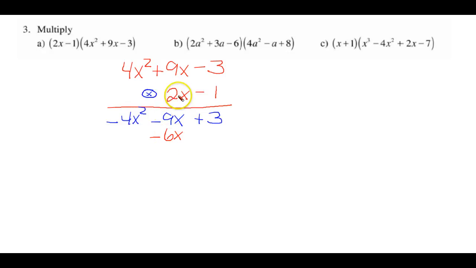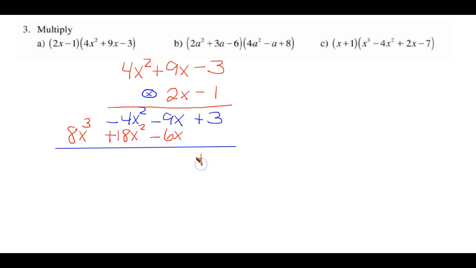We then go 2x times 9x. We get a +18x squared, and putting that under the like term column. Then we go 2x times this gives us a positive 8x cubed. Now that we have all our terms, we put our line, and now we just add them up.